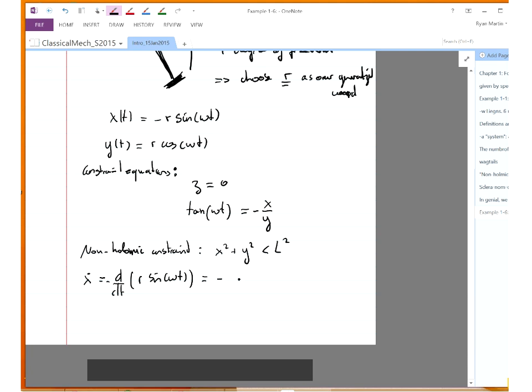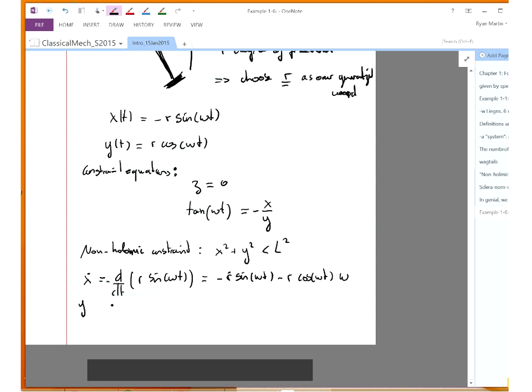So it's going to be minus r dot sine omega t, using the product rule, and then minus r, the derivative of sine is cos omega t, times omega from the chain rule.